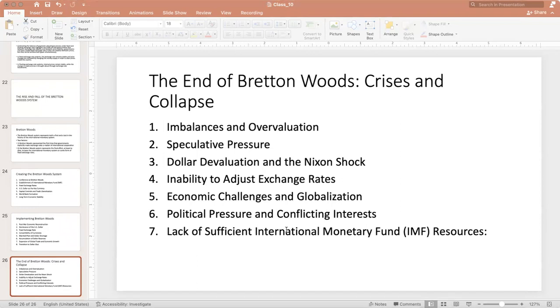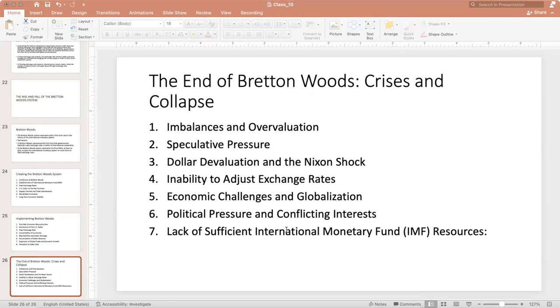There was a lot of speculative pressure. As doubts grew about the value of the US dollar, speculators began to engage in currency speculation, particularly against the dollar. They took advantage of the fixed exchange rates to buy undervalued currencies and sell overvalued ones, creating pressure on the system.